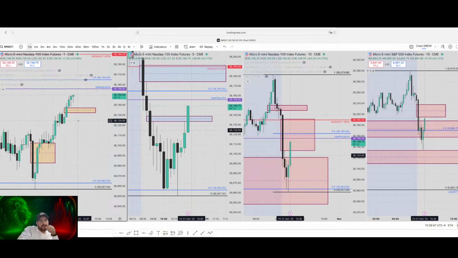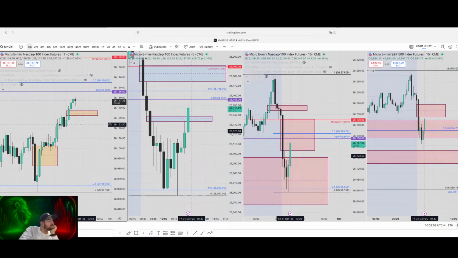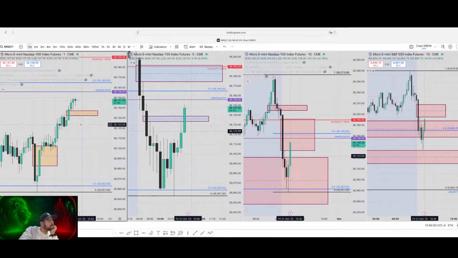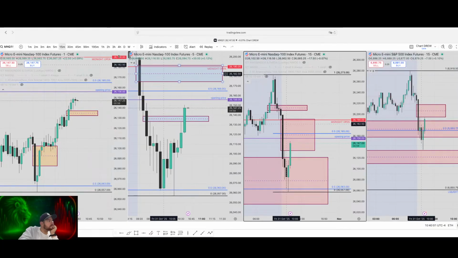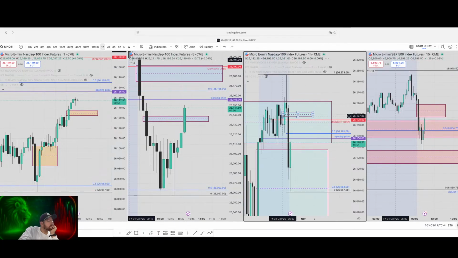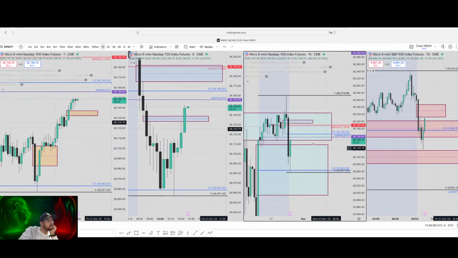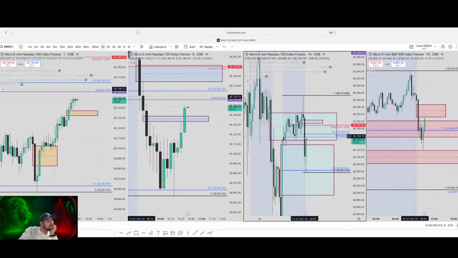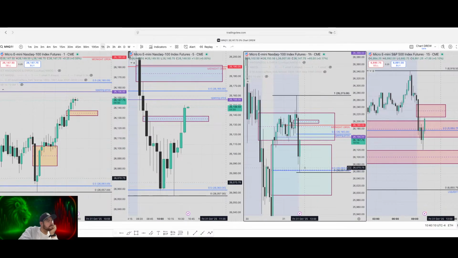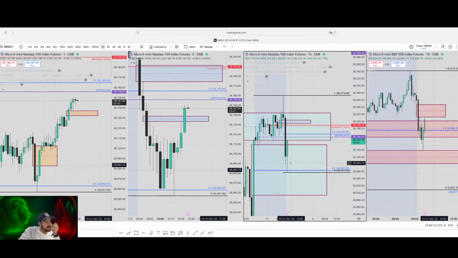We invert this, I'll be looking for a short. Touch that, good too.